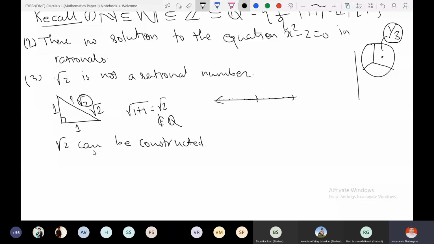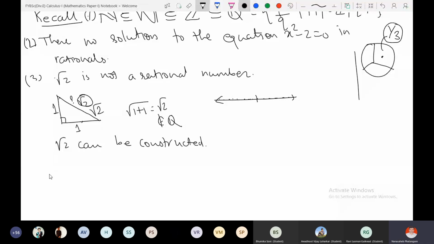Suppose in your house you want to construct the length root 2. It is easy. You draw a right angle triangle whose sides are 1 and 1, and then take a thread of length equal to the hypotenuse, which is length root 2. Therefore you can actually construct length root 2 at your home.